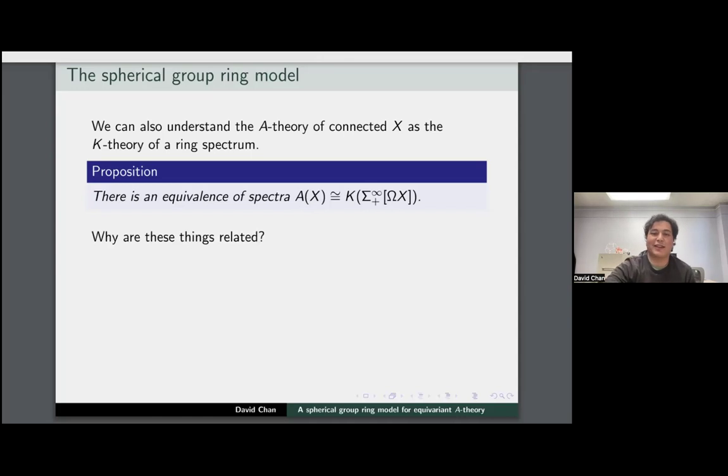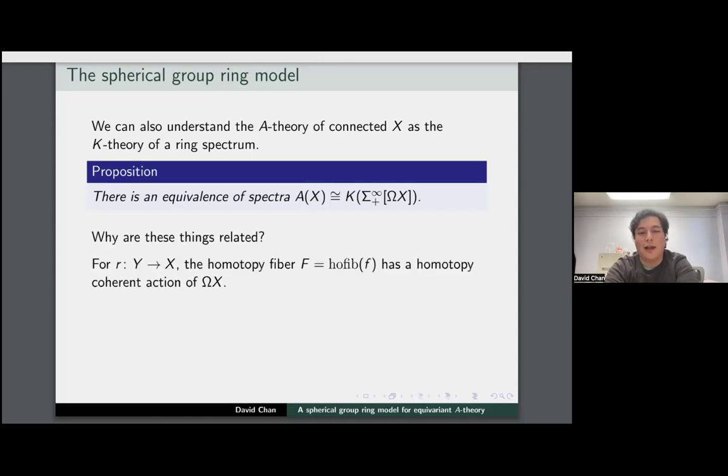This is maybe surprising if you've never seen it before. You might ask, why are these things related at all? The short and not entirely precise way to think about this is that if I have a space Y which lives over X, that should be a homotopy fiber of R. But anyway, you have a space Y which lives over X. This is the kind of thing that lives in retractive spaces. And you take the homotopy fiber, this has some homotopy coherent action of loops X, right?